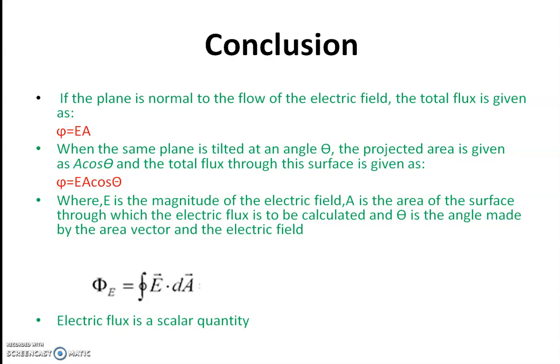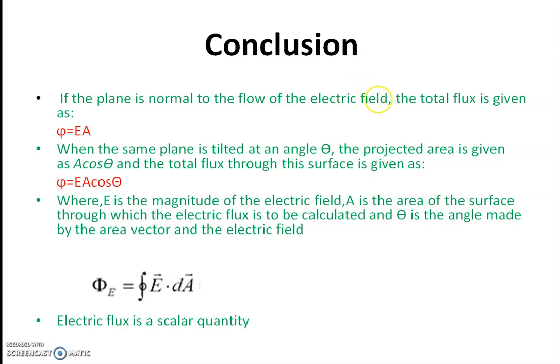What's the unit of electric field? The unit of electric field we can write as Newton per Coulomb or volt per meter, and the unit of area is meter square, and cos theta has no unit because it is a trigonometric ratio of similar quantities.